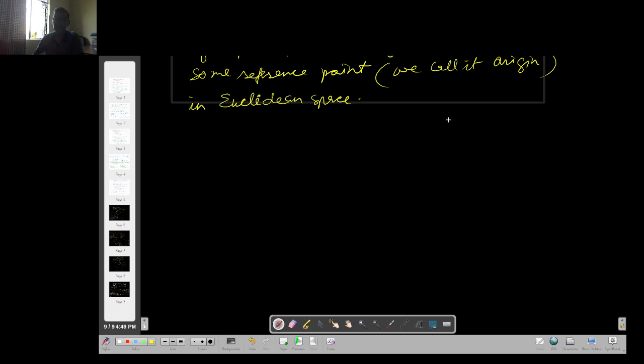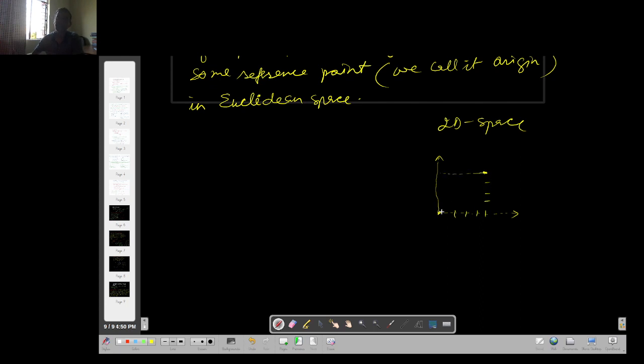So consider a two-dimensional space, and say this is the origin and I want to arrive at this point. I move along the horizontal direction and then along the vertical direction. Say 1, 2, 3 and 4, and here 1, 2, 3 and 4. Then I will reach this point.